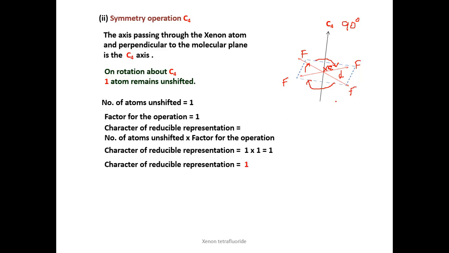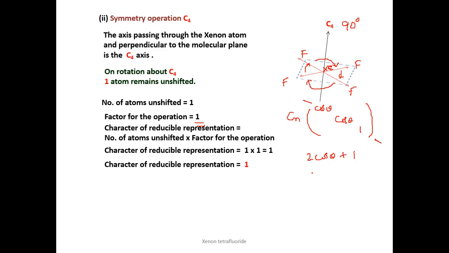Now we will tell you how we get the factor for the operation as 1. For a Cn axis in general, the transformation matrix will contain the diagonal elements as cos theta and 1, and the other elements are either 0 or some other trigonometric terms. If you take the sum of the diagonal elements, it will be 2 cos theta plus 1.